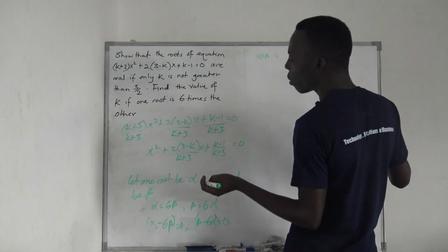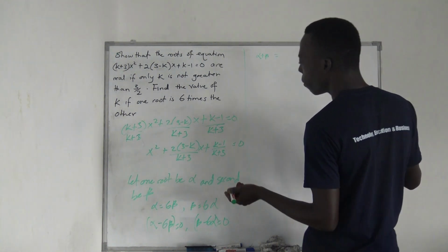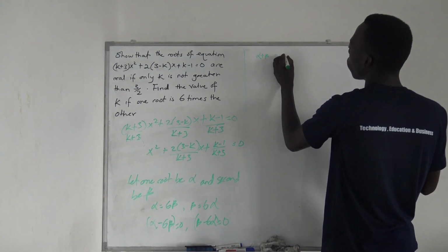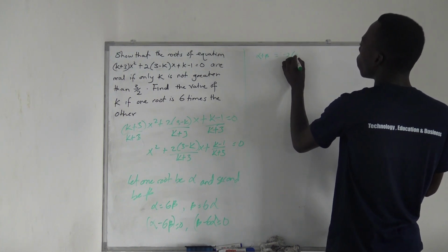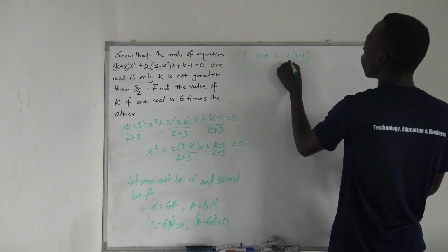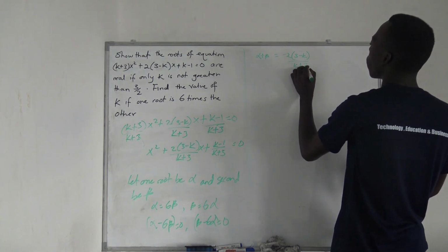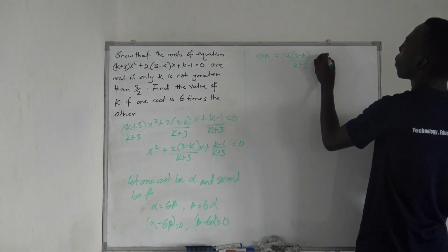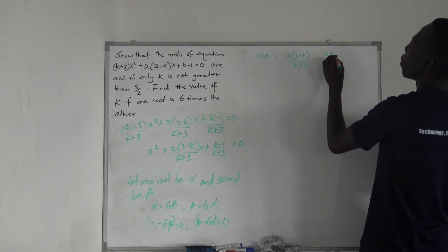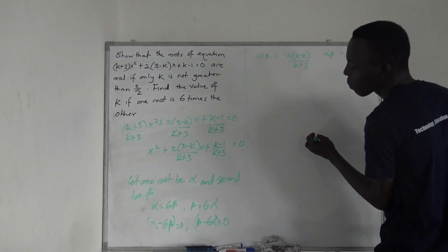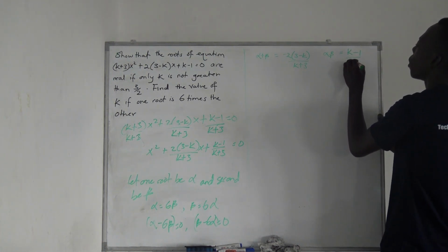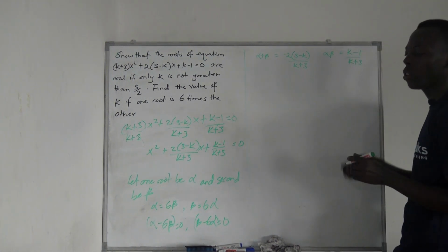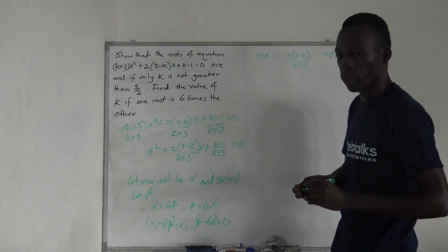When it is negative, we write it as a positive, and when it is a positive, write it as a negative. So it is negative 2 into 3 minus k out of k plus 3. So here now alpha beta becomes k minus 1 out of k plus 3. So that's what we have out of that.